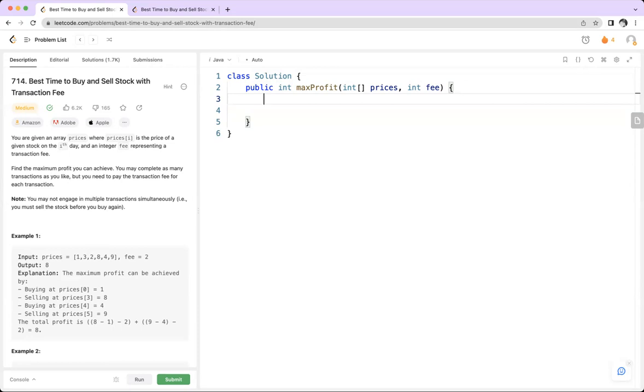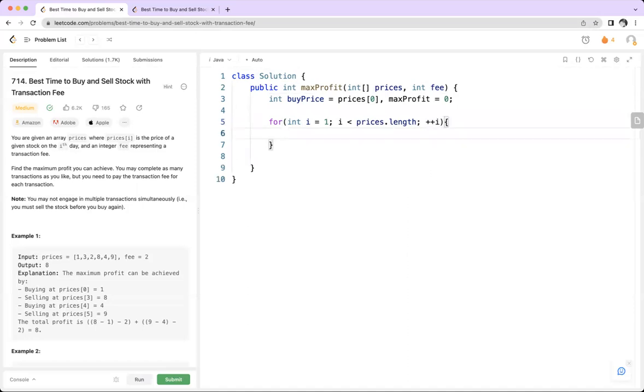Okay, so now again we'll start with buy price equal to prices of 0 and max profit equal to 0. Again we'll start our for loop with i equal to 1, i less than prices.length, i plus plus, like this.